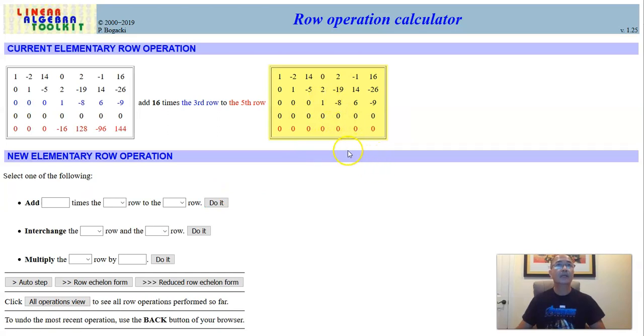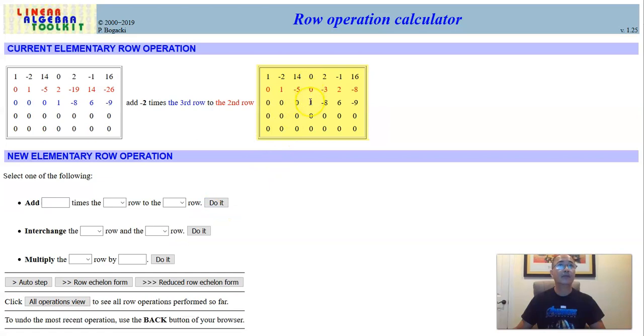all we have to do is use each leading one from right to left to turn all the entries above it also into zeros. Okay, so we add -2 times the third row to the second row.